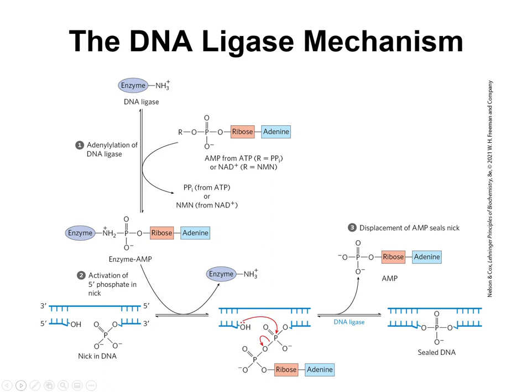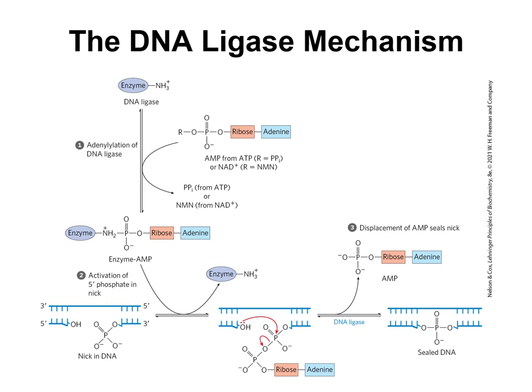This shows the DNA ligase mechanism. So we've got first the adenylation of the DNA ligase. So we're going to adenylate a residue in the enzyme, and then once that happens, you can use that to then activate the nick.